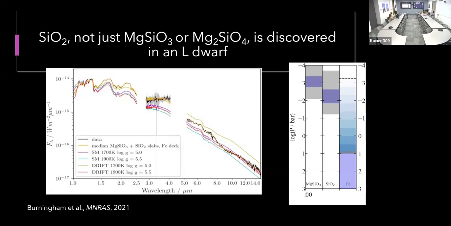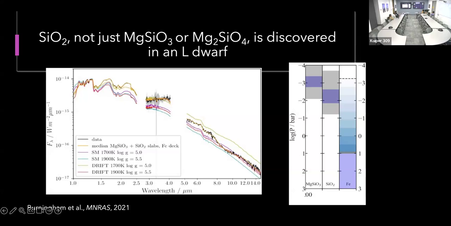Is there a spectral feature for the clouds, or do you just add the clouds and then see that the overall fit is better? So is there a specific feature? Okay, this is the SiO2.